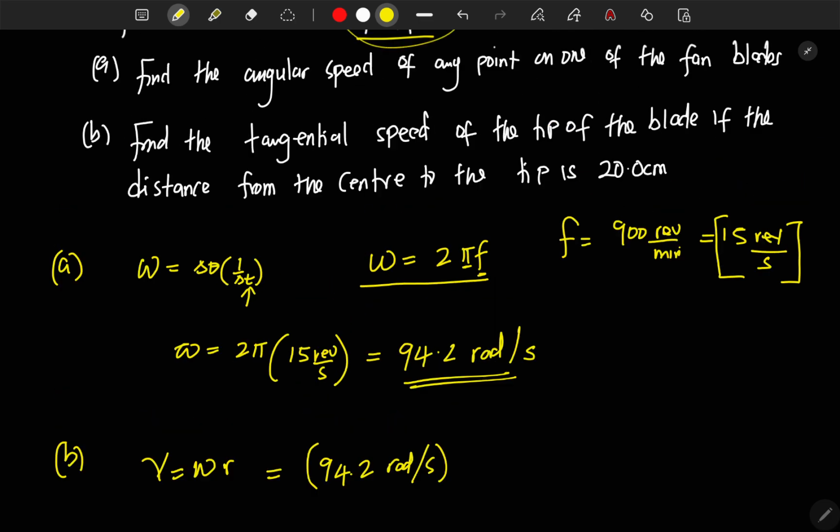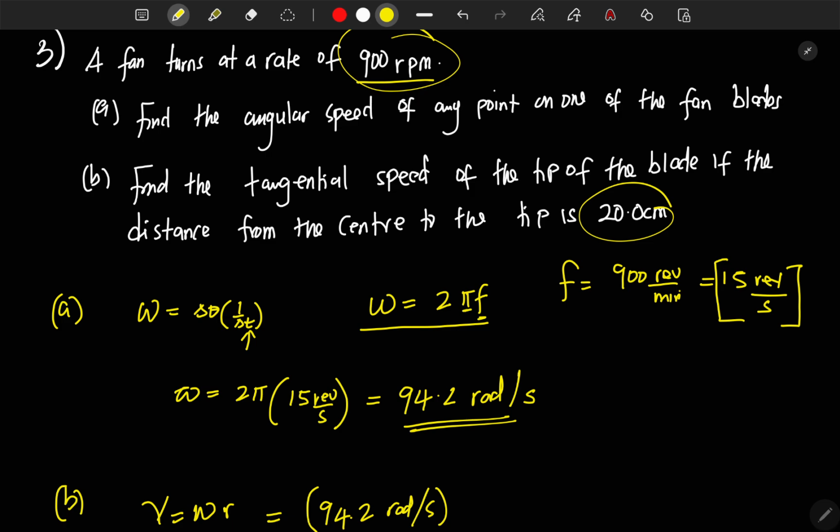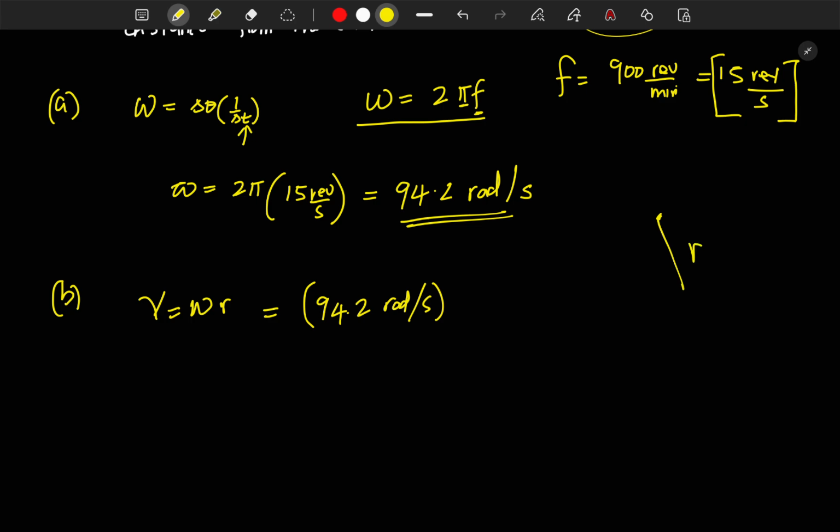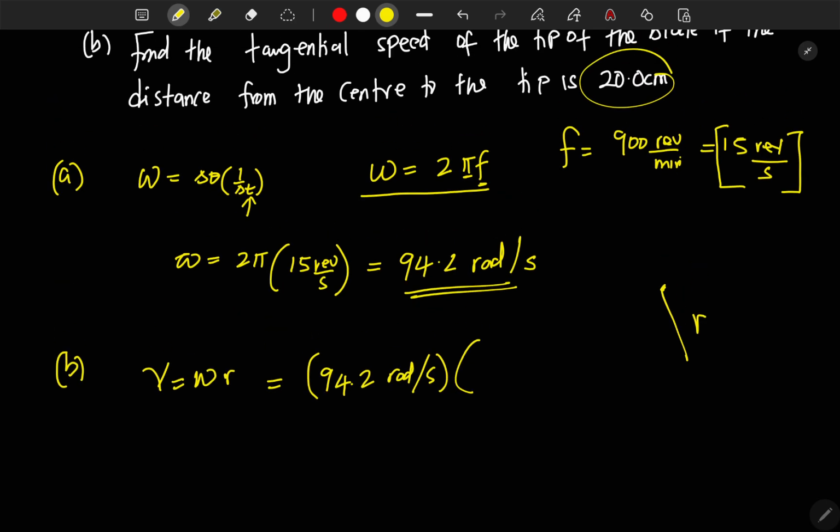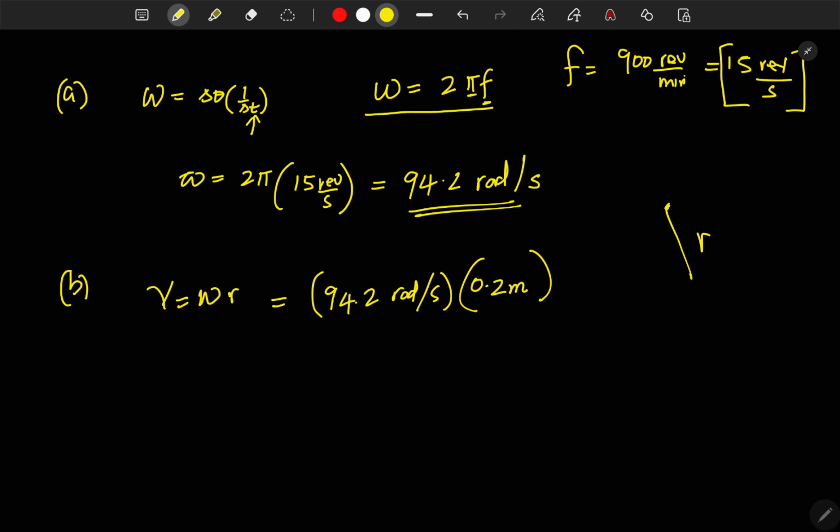We multiply by the radius, because that's what they're saying is 20 centimeters. Find the tangential speed of the tip if the distance from the center all the way to the tip, which becomes our radius, is 20 centimeters. Because we need standard units of length, that should be meters. So dividing by 100, we get 0.2 meters, right? Then we can do the multiplication.